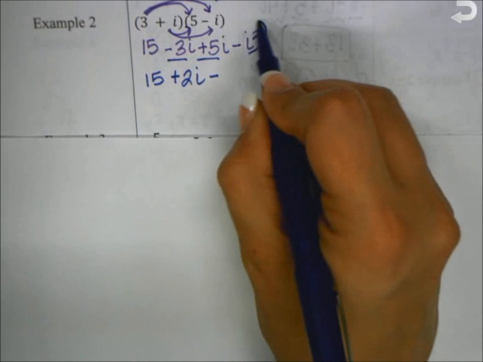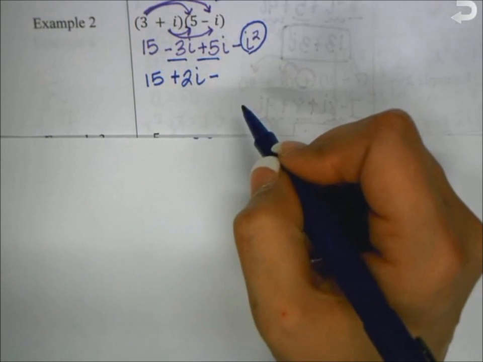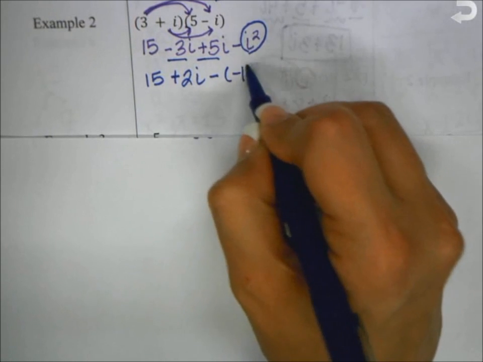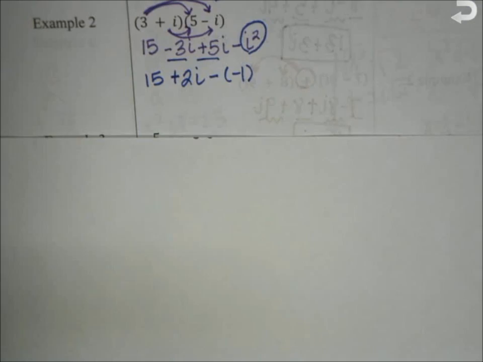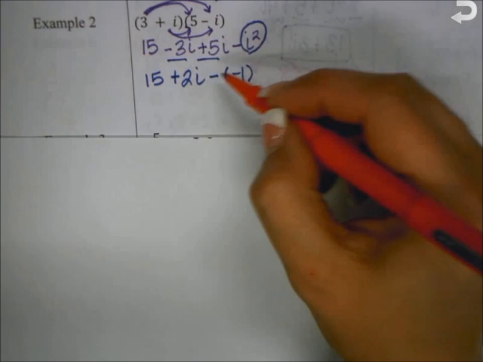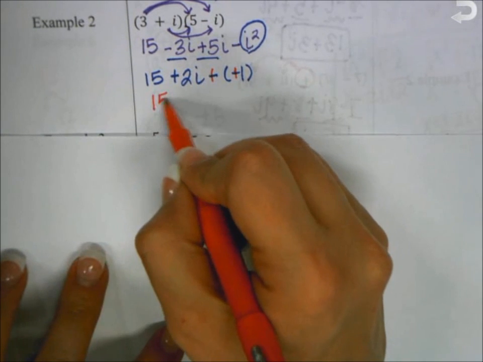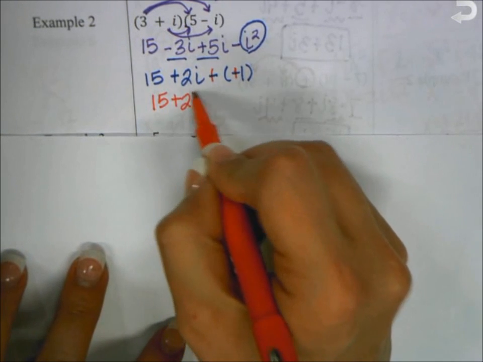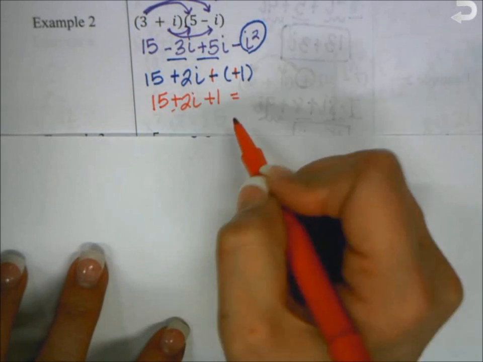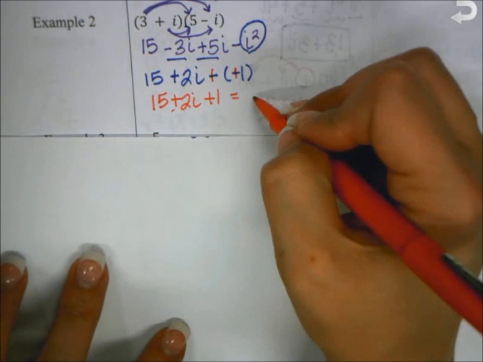Good, negative 1. Am I done? No. Minus and negative becomes positive. So we get 15 plus 2i plus 1. And what's 15 plus 1? 16. Good, 16. So 16 plus 2i. And then we're done.